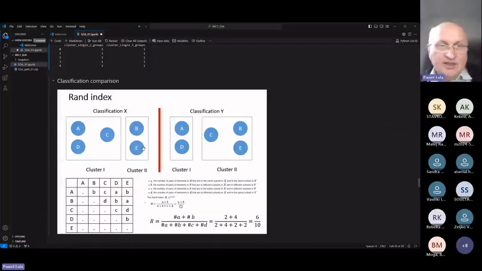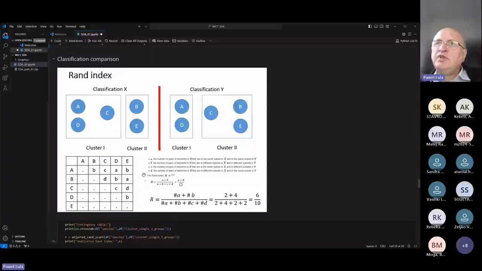The most popular measure which we can use for comparison of 2 different classifications is the RAND index. RAND measure, RAND index, it is the most popular measure which we use. There are some different forms of the RAND index. Here I prepared a description of this measure, and it is related to the basic form of the RAND index.